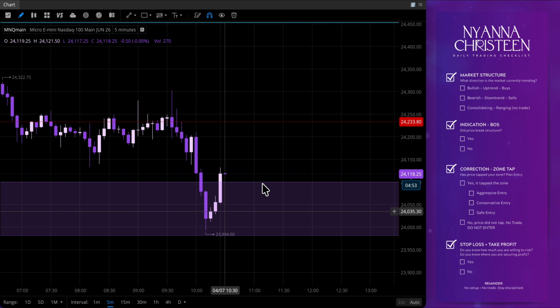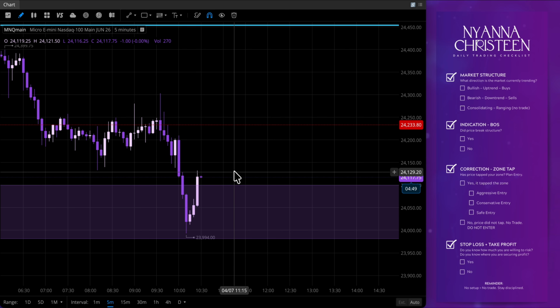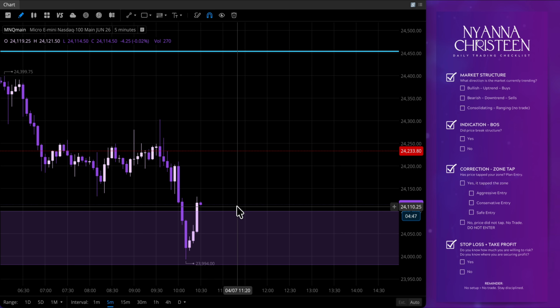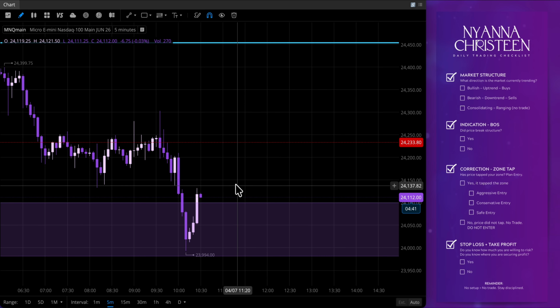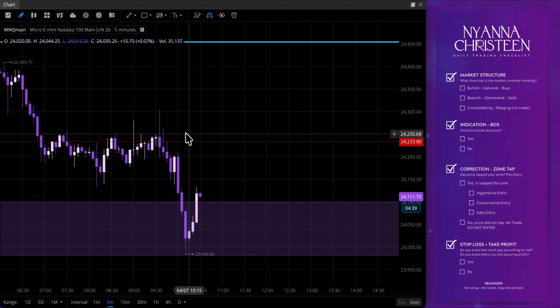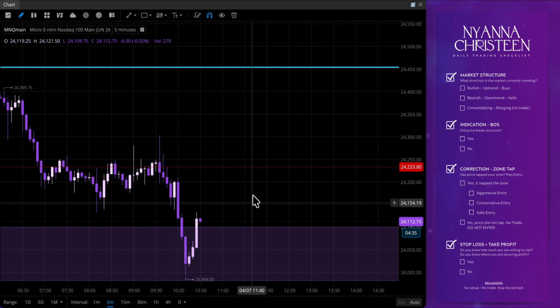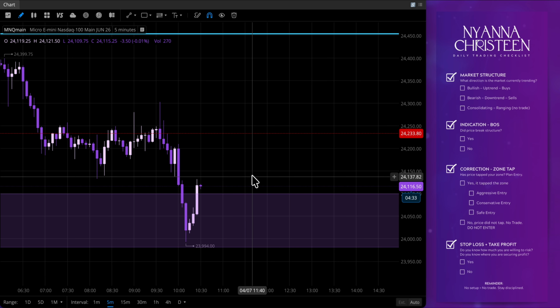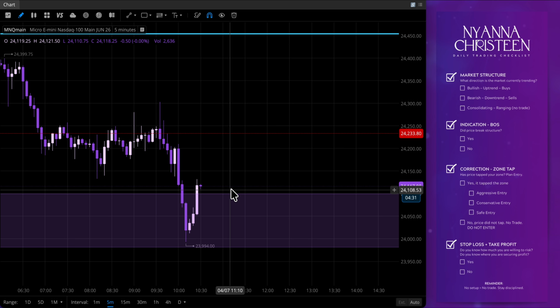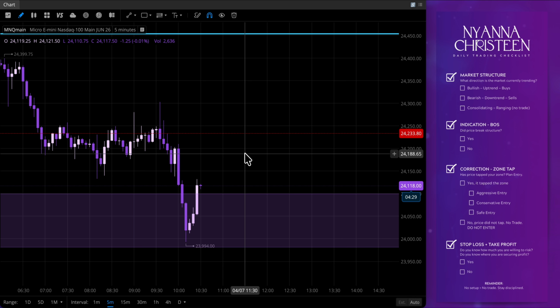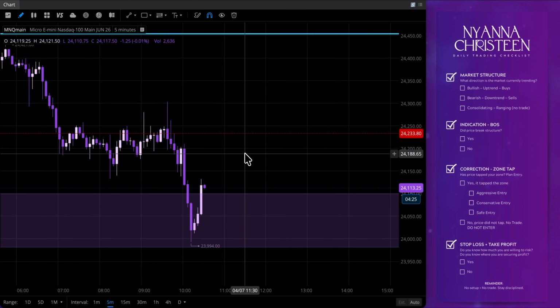So we did just get the close outside of the 1 hour zone. I'm debating getting in and just holding it to see what we can do. There's a supply zone right here. So depending on how it reacts, I might just try it. Again, this is not an A+ setup.